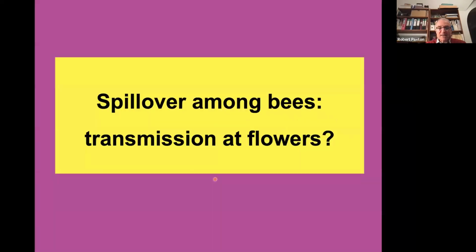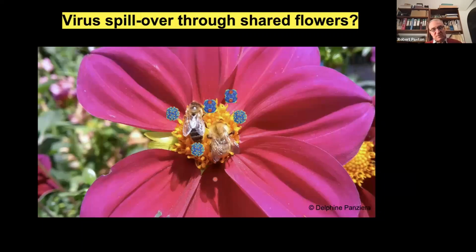So to test that explicitly, we've undertaken a small study in which we haven't been able to use genetically modified virus and see where it's moving, but we've used an indirect way of testing whether flowers, or providing evidence that flowers seem to be the place where the honeybee and the bumblebee may be sharing virus, and where this may be picking up virus.